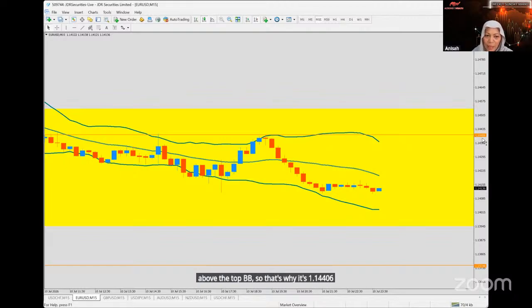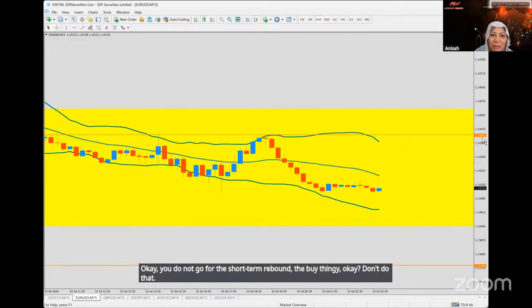So that is my outlook for euro dollar: short, short, short. You do not go for the short term rebound, the buy thingy. Don't do that. There's no option on this particular pair.